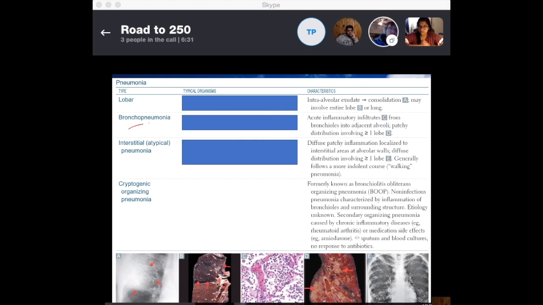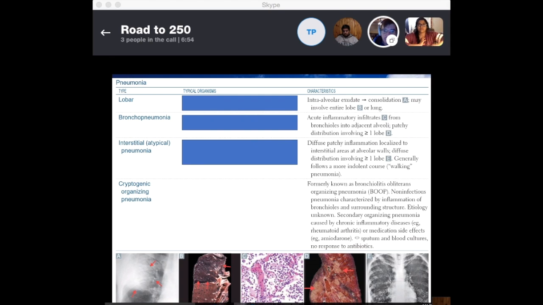So then the topic of discussion today is interstitial pneumonia, where you have diffuse interstitial appearance on chest x-ray. You can say ground glass appearance, and it can be bilateral. Again, it can involve more than one lobe. And I wish I had prepared more.